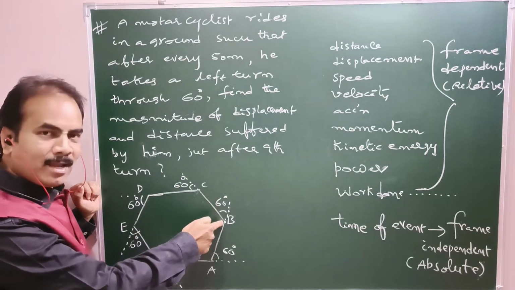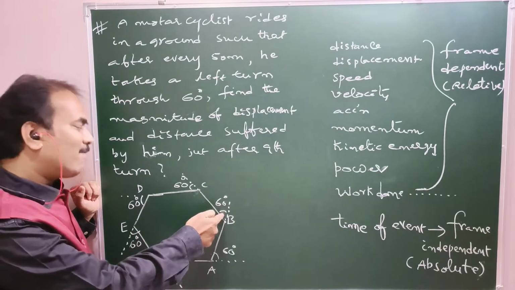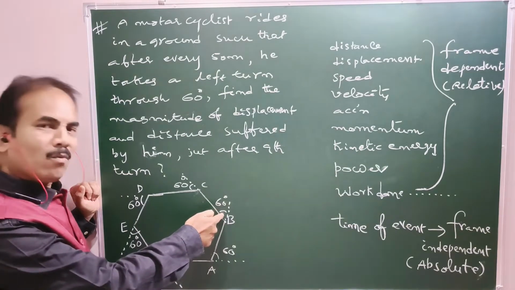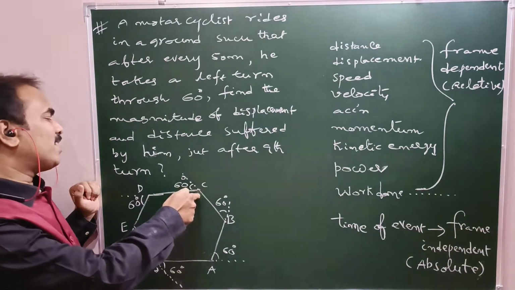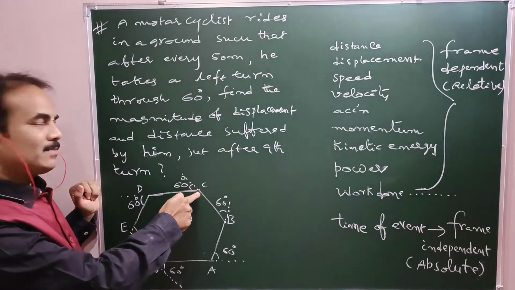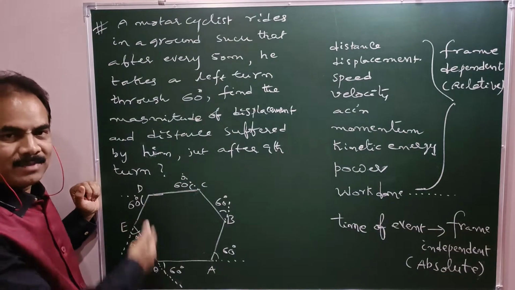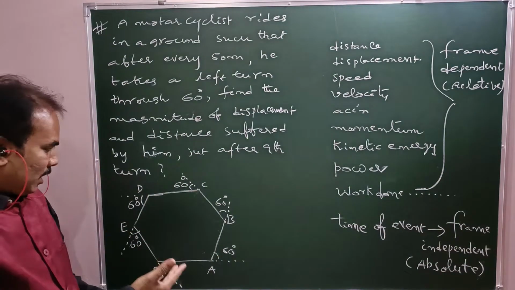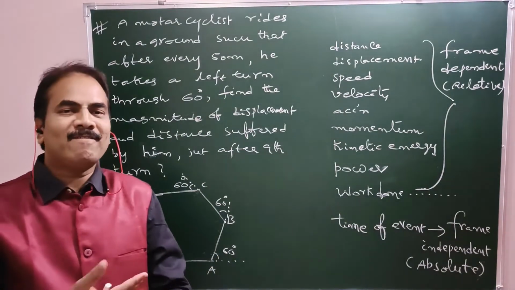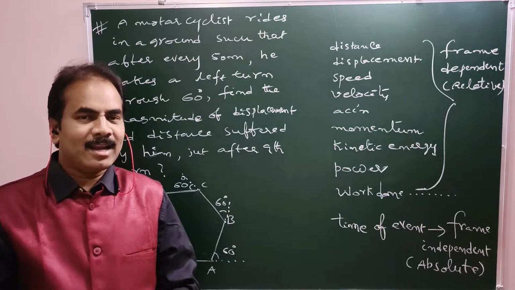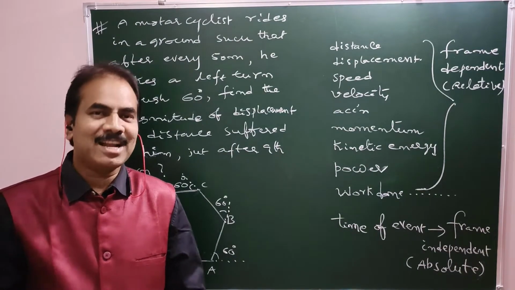On reaching point B, he takes a left turn through 60 degrees once again and covers 50 meters. But at point C, he takes a left turn through 60 degrees once again and so on. So, after covering every 50 meters along a straight line, he takes a left turn through 60 degrees and so on.